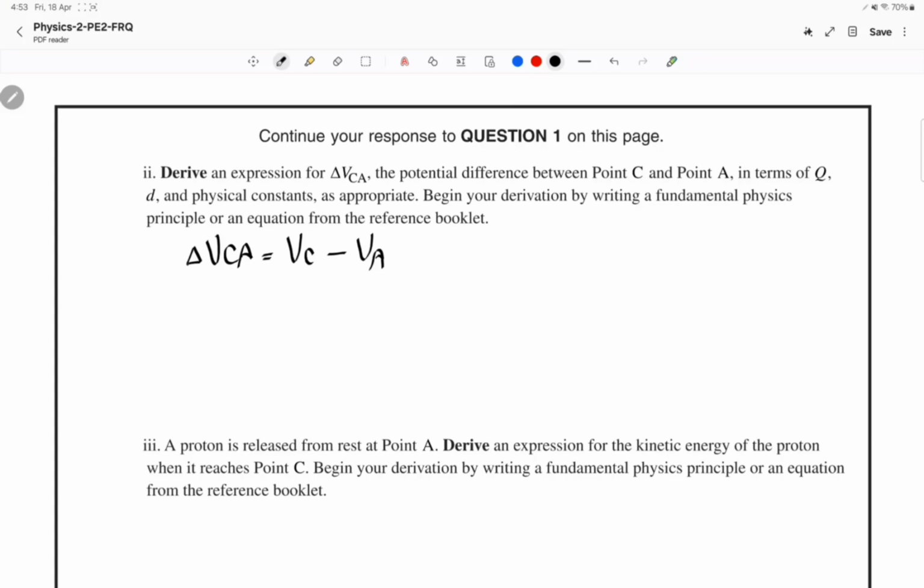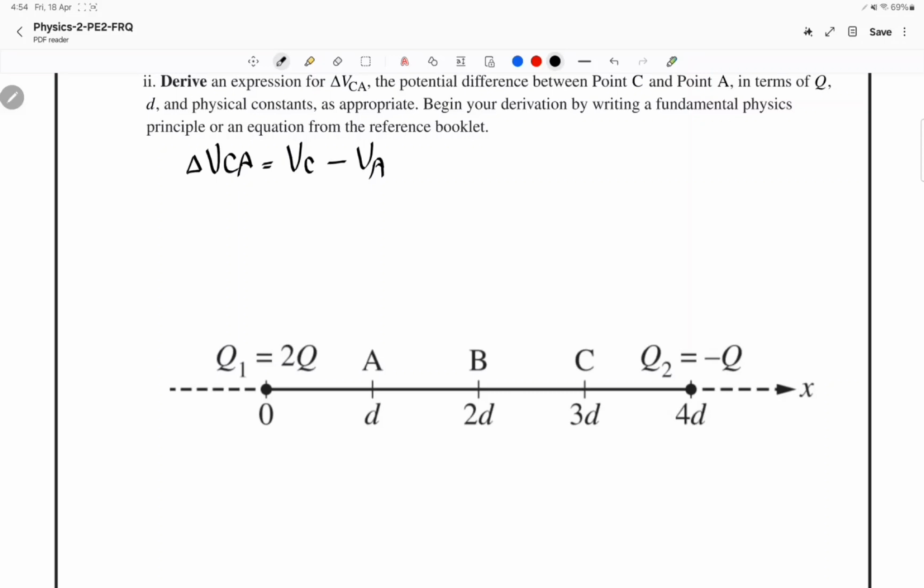Let me bring up the figure. So let's find the voltage at C. Of course, you must show all the work. So K, Q1, and how far is Q1 from point C? 3D. Plus K, Q2, and Q2 is how far from point C?